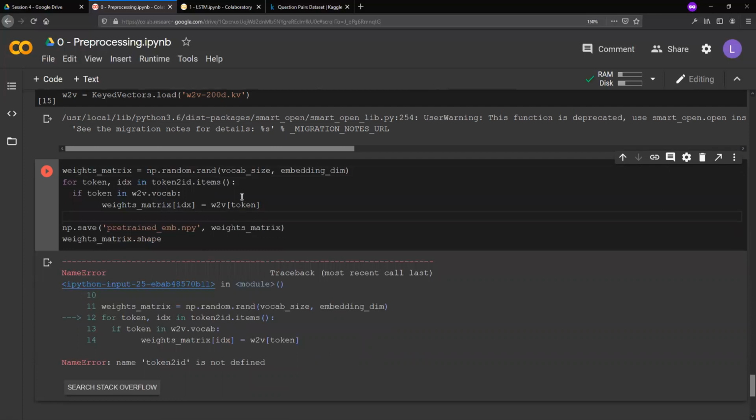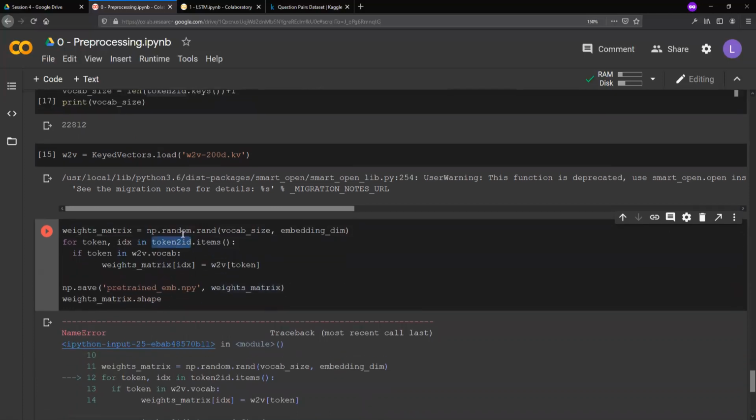So I can't run this at the moment because I think I accidentally deleted the token to ID in my Google Drive. However, I'll upload the token to ID on the GitHub repository as well.